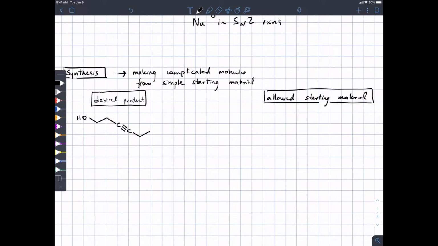If you're going to make kilograms of some drug to do clinical trials, the process has to be cheap and easy. And so the simpler the starting material, often the better. Because I'm in charge, I'm going to choose our starting material as ethanol.